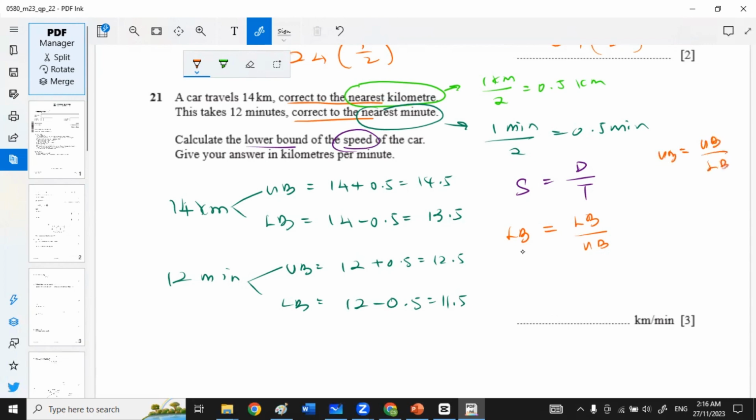When your denominator is small, then the number becomes bigger. So in this case, it's kilometer and minutes here. So we take the lower bound 13.5 over upper bound 12.5. You calculate, you should get 1.08 kilometer per minute, because it's kilometer per minute. Include the unit.